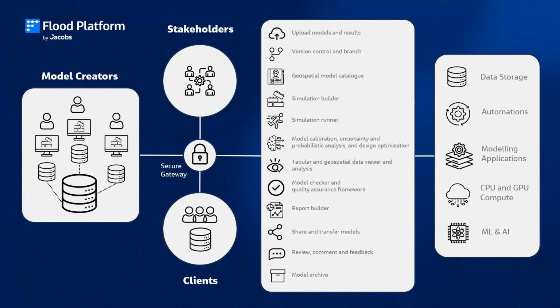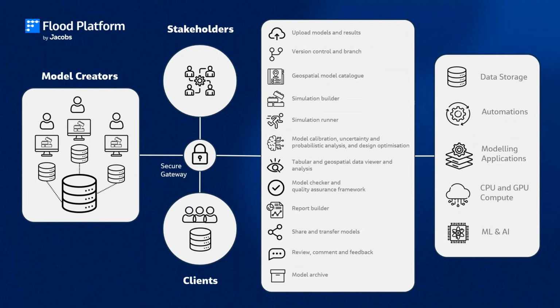Underpinning all these functions are our core functions around data storage. We're using cloud, so we've got effectively unlimited data storage for you to store your data. We've got those automations I mentioned, so automated QA, automated model processing, sharing, and so on. Our modeling applications, including Flood Modeler, TUFLOW, and soon to be HEC-RAS and SWMM.